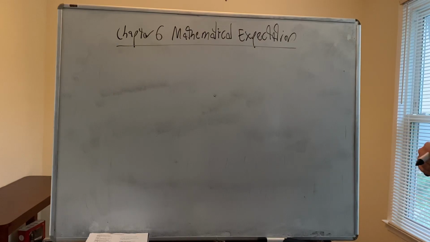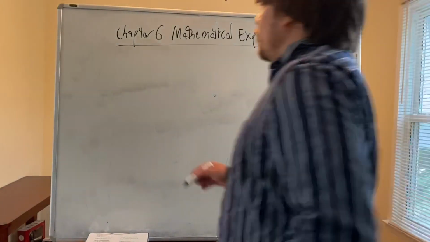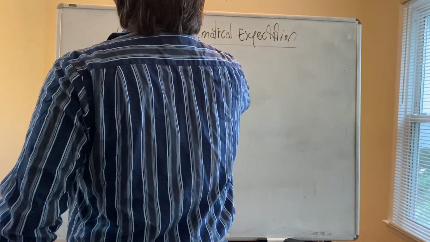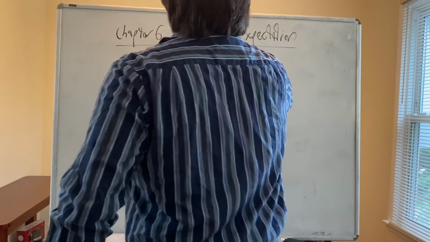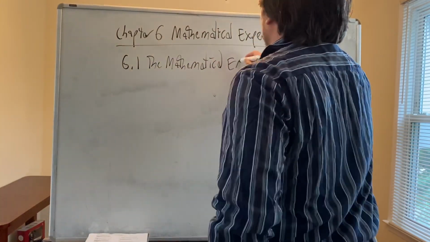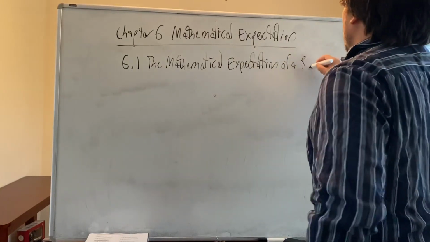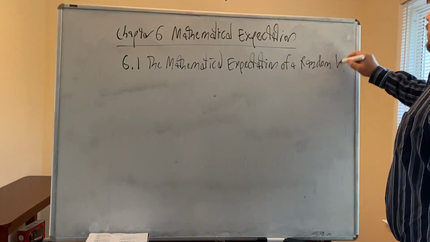Okay, so this chapter is on mathematical expectation. 6.1 is titled the mathematical expectation of a random variable.